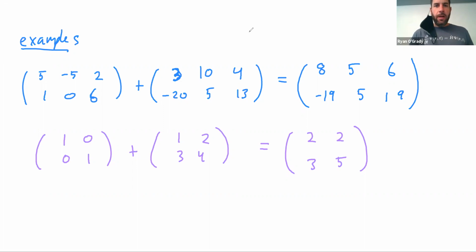And then I don't think it would take much to convince you that subtraction is very similar.